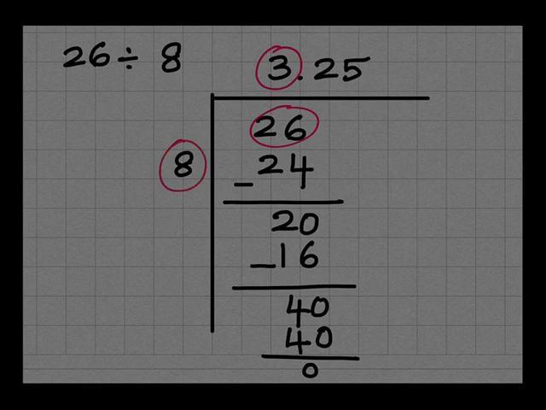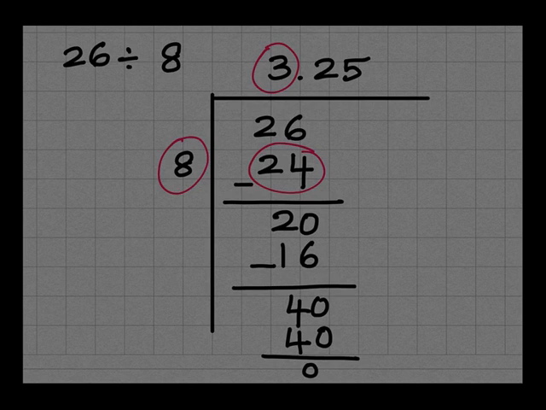So let us write that down. So 8 times 3 is 24. And after writing 24, let us subtract 26 minus 24. We get the answer 2.